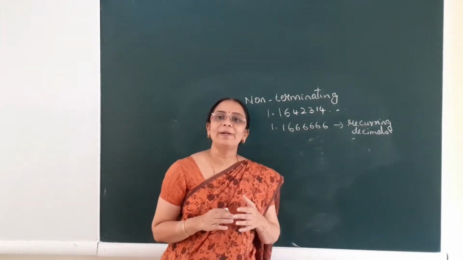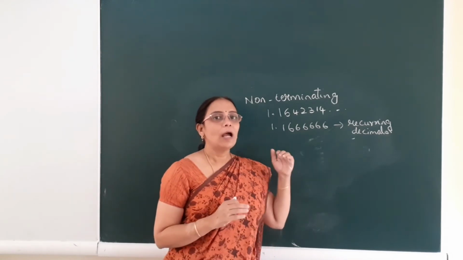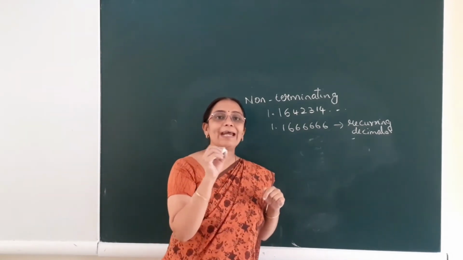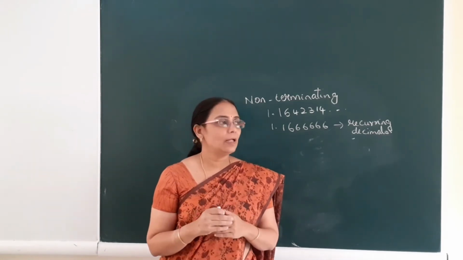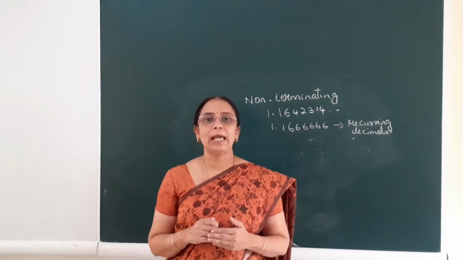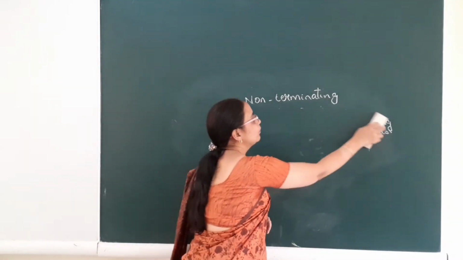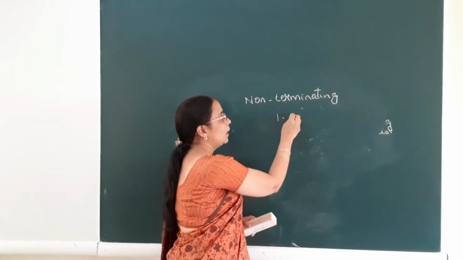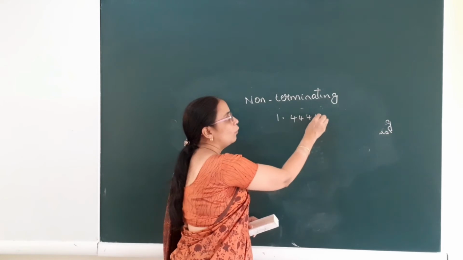Then how do you represent these recurring decimals in the decimal expansion? As soon as we write any number, how to make it out that it is a recurring decimal and which digit is getting recurred every time? That we will see now. For example, there is a number 1.44444.